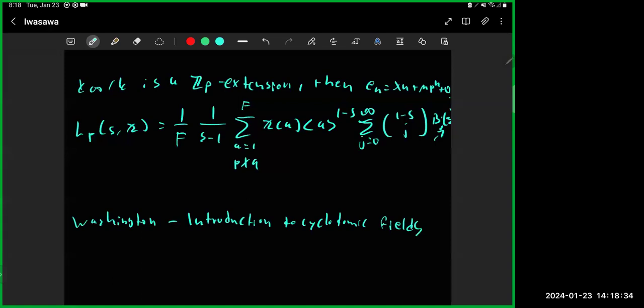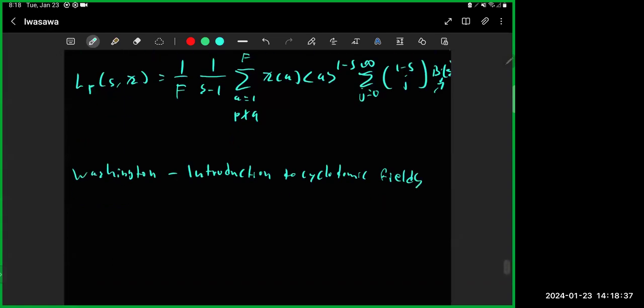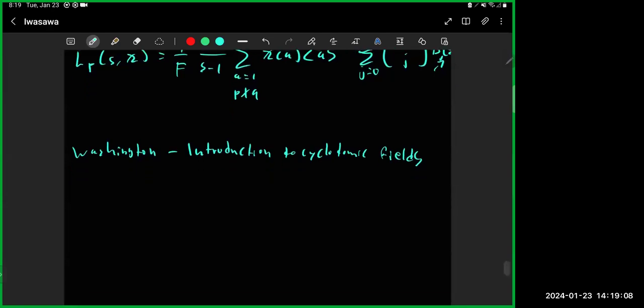It requires a solid grasp of algebraic number theory to be able to read it. I don't like the choice he made for the title, but whatever. This book goes in depth on everything I talked about here, including all the theorems I mentioned. Absolutely every single theorem I mentioned, Washington goes out and proves in this book. So if you're interested in reading more and you have a grasp on algebraic number theory, this is the book to learn Iwasawa theory from.